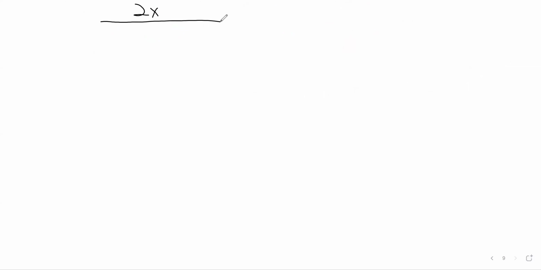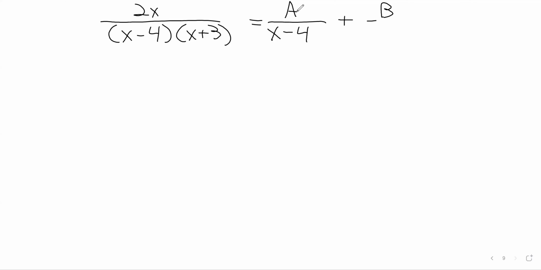If we have 2x divided by x minus 4 times x plus 3, my claim is that I can write the fraction on the left as the sum of two simpler fractions on the right. And the question then becomes, well, how do we do it?